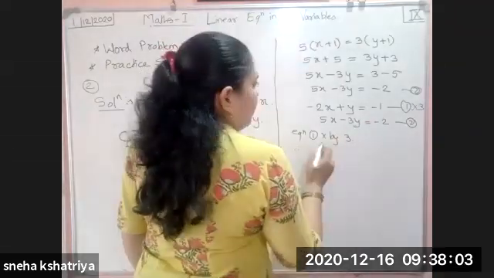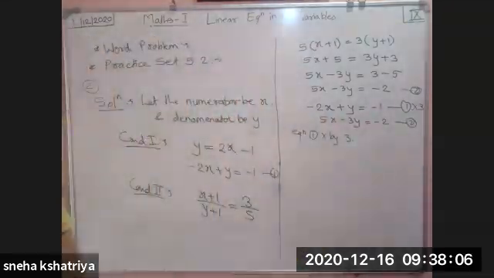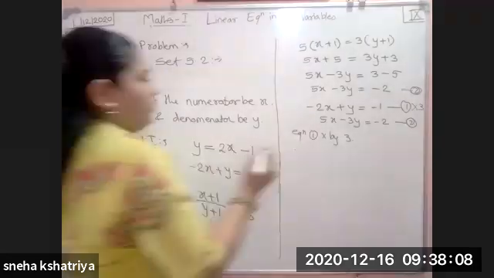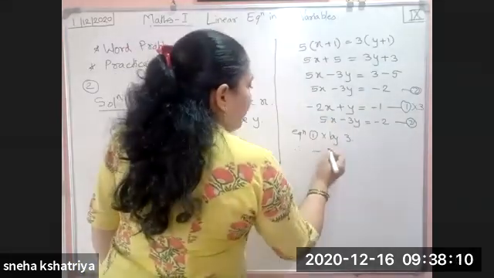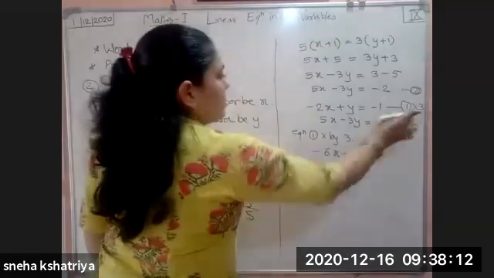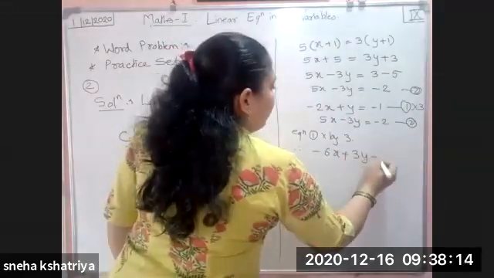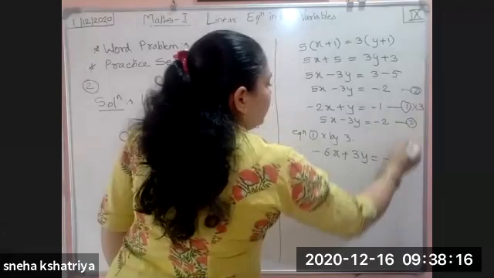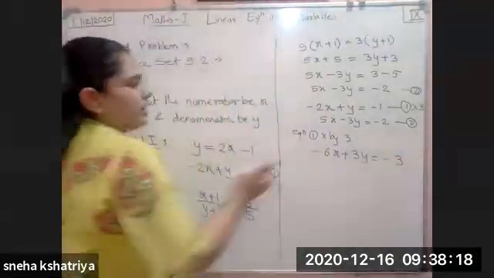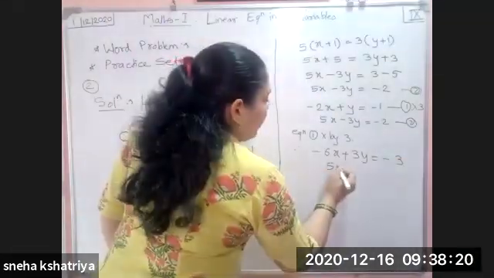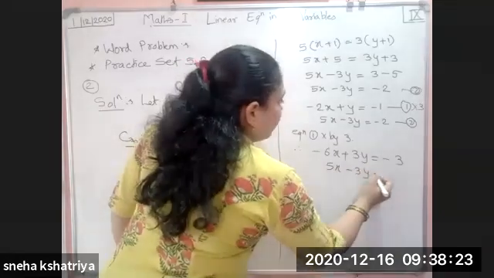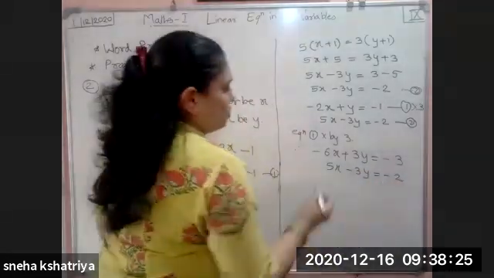Therefore, 3 into minus 2x is minus 6x, plus 3 into y, 3y, which is equal to minus 1 into 3, minus 3. Okay. Second equation as it is. 5x minus 3y is equal to minus 2. Okay.